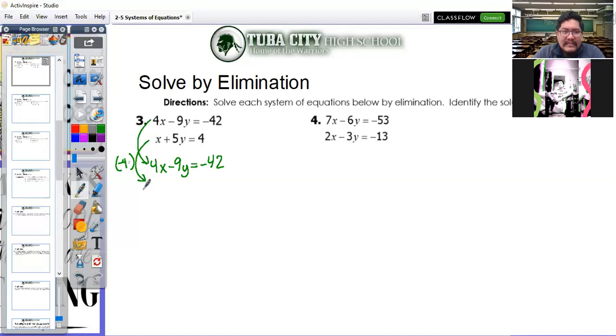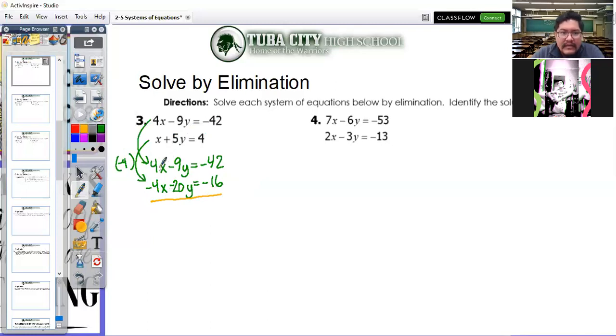So x times negative 4 is negative 4x. 5 times negative 4 is negative 20y. And then 4 times negative 4 is negative 16. Okay, and double check it, make sure I multiplied everything by negative 4, make sure all the signs are different, so it looks okay for now.